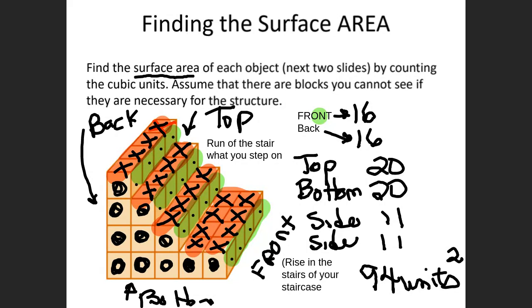You count the faces. The front and the back, the top and the bottom, and the two sides have the same number of little squares. So if you can find the front, the top, and the side, you know the back, the bottom, and the other side because the numbers are doubled.